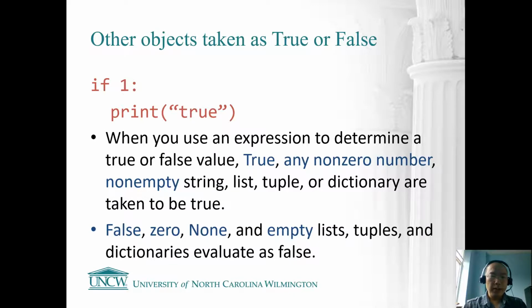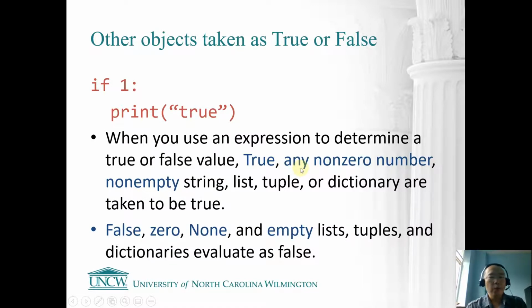So here I put a 1, and you may say that is a syntax error. But no, there's no syntax error here. Why? Because Python knows this place is supposed to be a Boolean expression, but I have a 1 here. Since 1 is a non-zero number, that 1 will also be considered true.